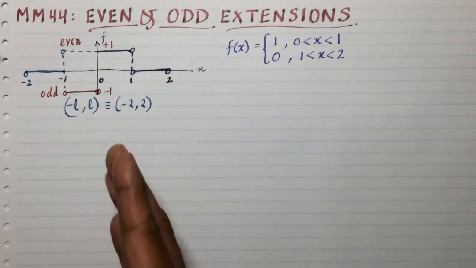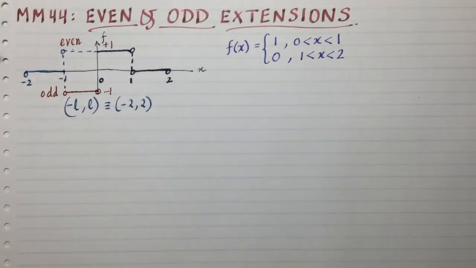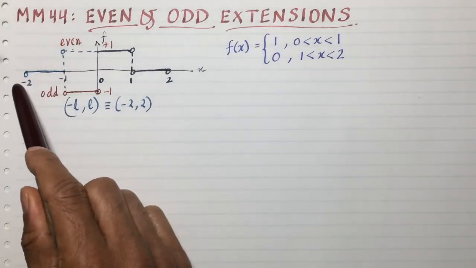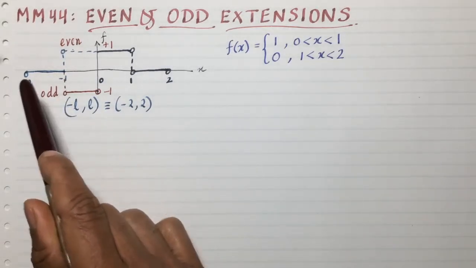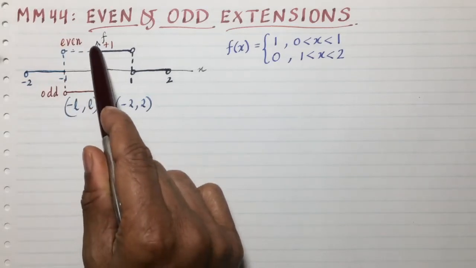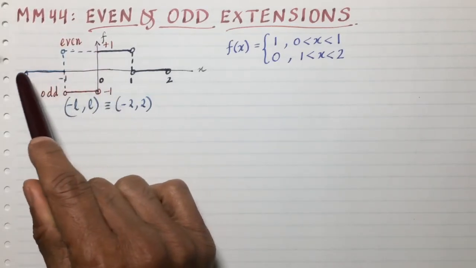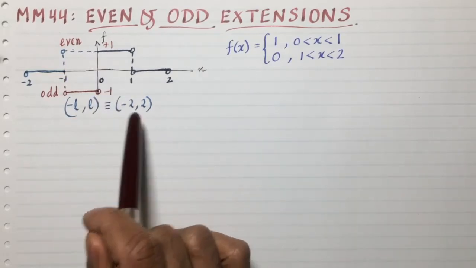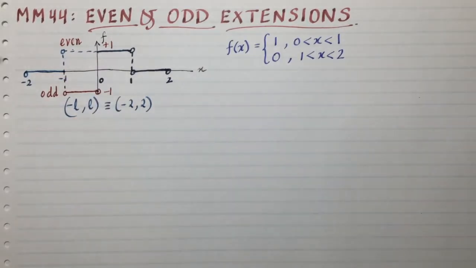The odd extensions also have a periodicity, so I can think of this as being defined from -2 up to -1, and then from -2 to 0, and from 0 to 2. So that also has the same periodicity that we have earlier.